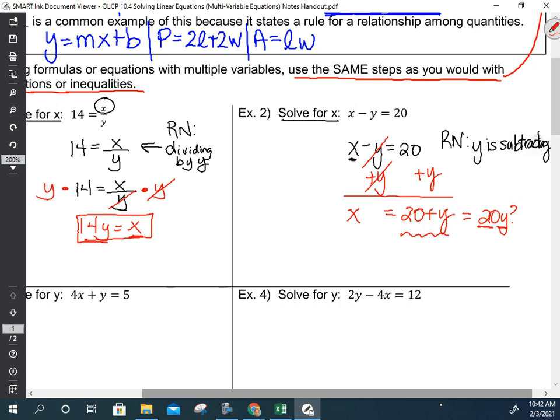So 20 plus y, those are not like terms, so you can't do anything with that except leave it as it is. 20y means 20 times y. So if you have a number plus a variable, there's nothing you can do with it.